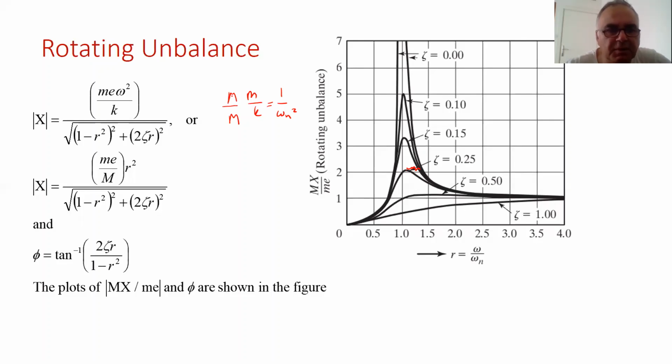I will multiply this by small m and divide it by small m. So this capital M over K is going to be 1 over omega n squared, and this m over capital M will stay here, in which case this omega over omega n squared becomes an R squared, as you know, and here we will be having m over capital M divided by e.